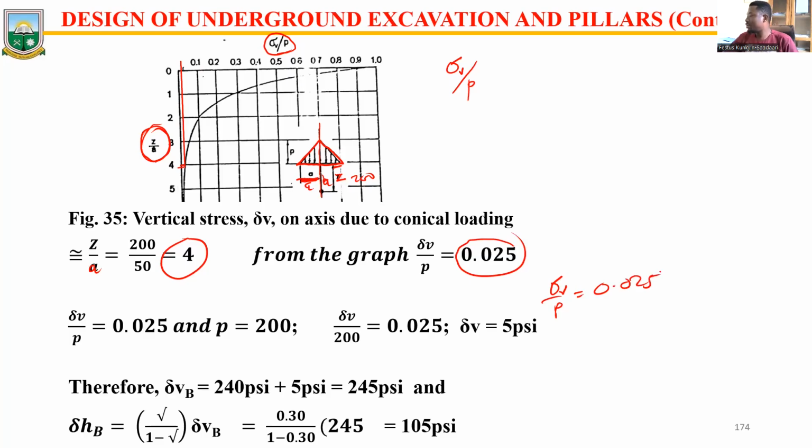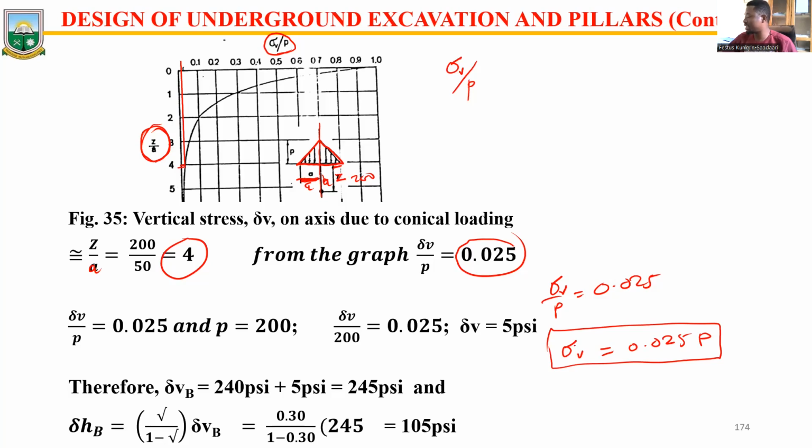Then now, do we know P? Yes, we know P. P is the height of the mountain. So you have sigma V is equal to 0.025 P. Who does not understand this expression?